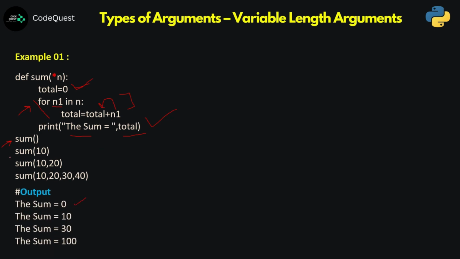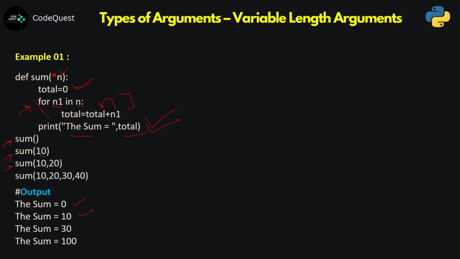Now, for the second time when you are calling this sum function with 10, we have one argument specified. So this n is going to carry only 10. In this for loop, n1 in n, there is only one value, so 10 is added to the existing value of total, that is 0 plus 10 makes it 10.